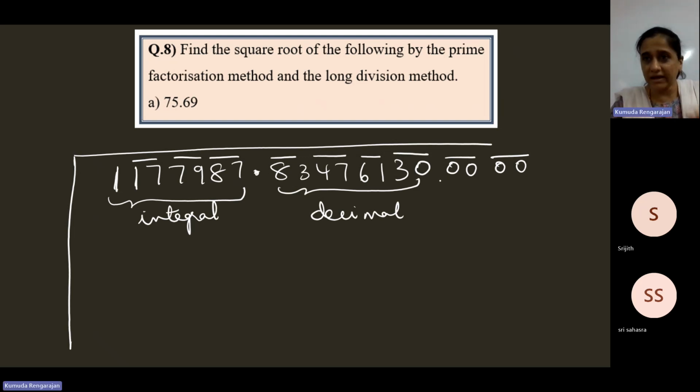Not for a big number like this. Supposing you have to find the square root of 2. Is this clear, children? Here you don't have to do this. Is this pairing part understood? Integral part backwards. Decimal part forwards.